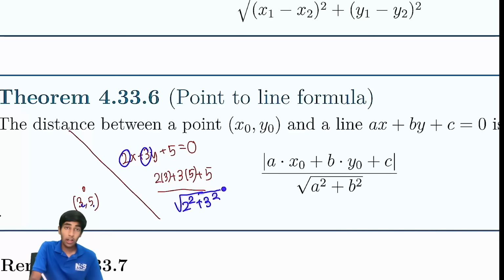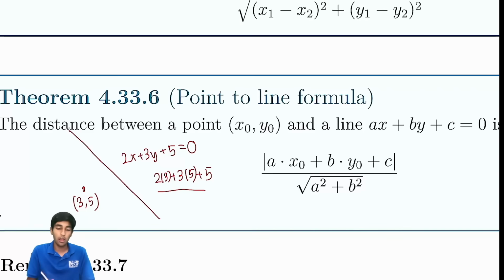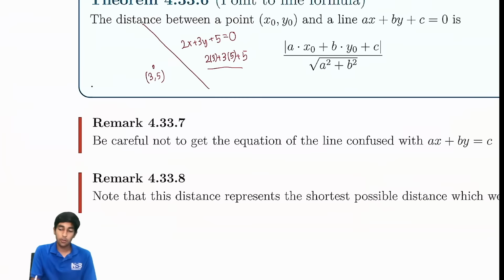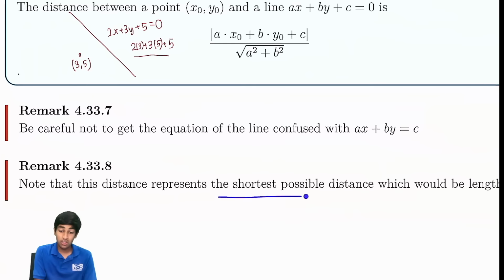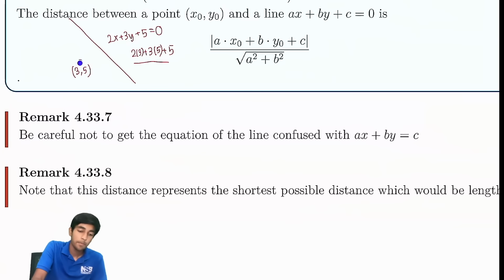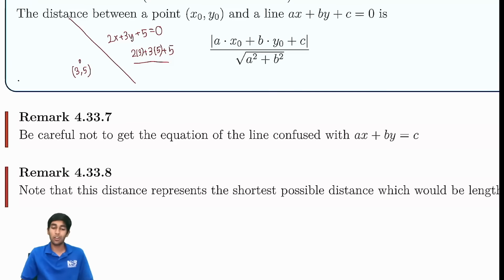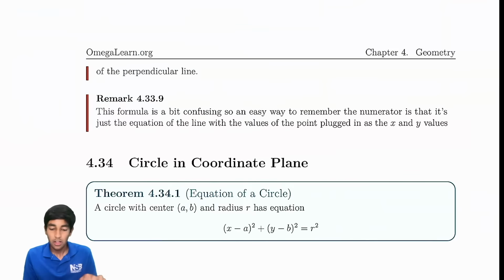Be very careful, again, not the point and the line, the coefficients of x and y, the square root of a squared plus b squared here, right? A here, b here. Not x0, y0 in this formula. So don't get confused with this form, and this is the shortest possible distance. You can actually derive this using some stuff. I'm not going to go into this here.